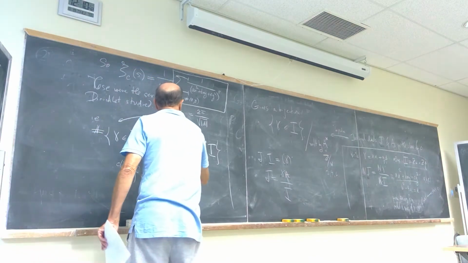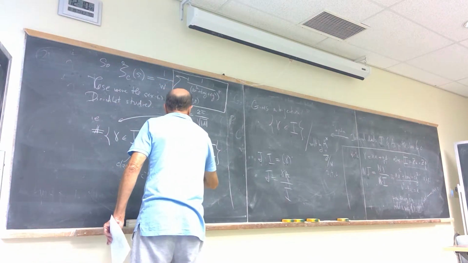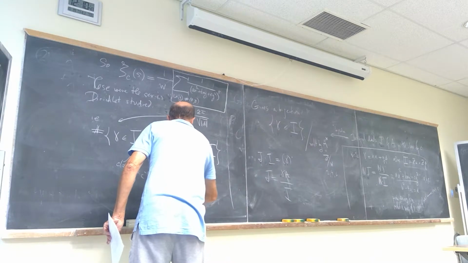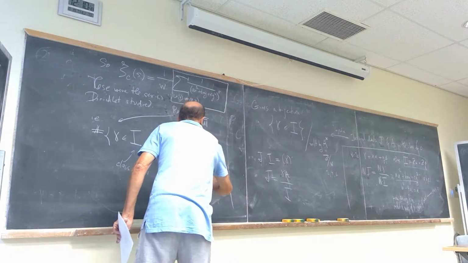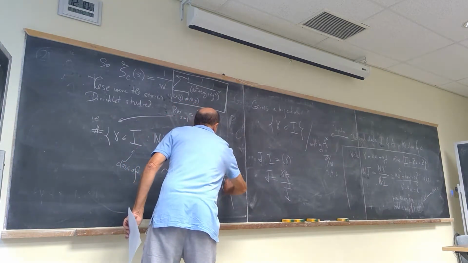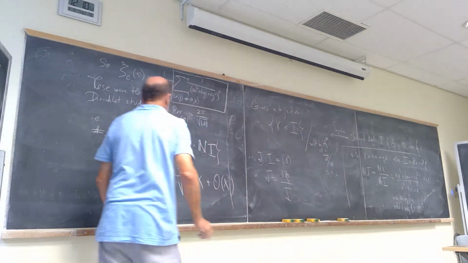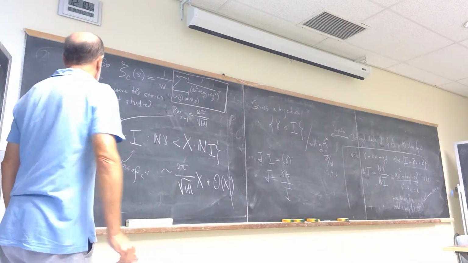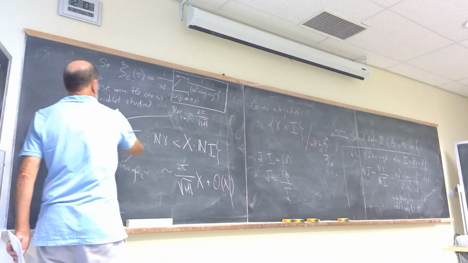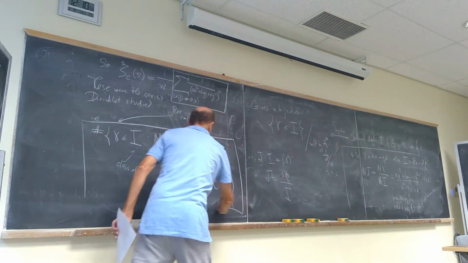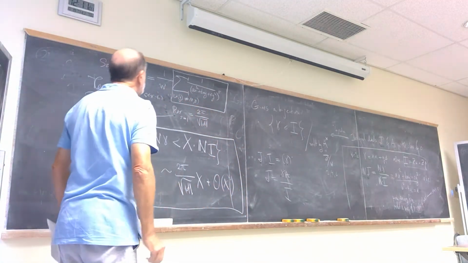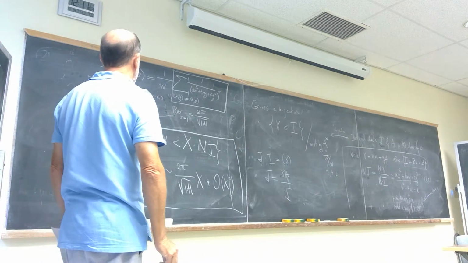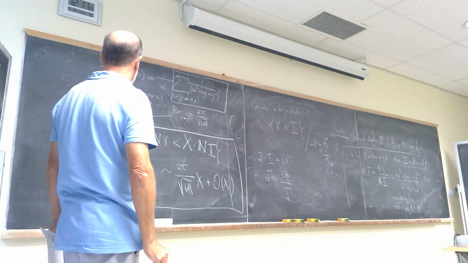So that should behave like 2 pi over the square root of the absolute value of d times x, plus an error term, which is going to be about x to the 1 half. As I say, he did it with the binary forms, but that's what we're now after.